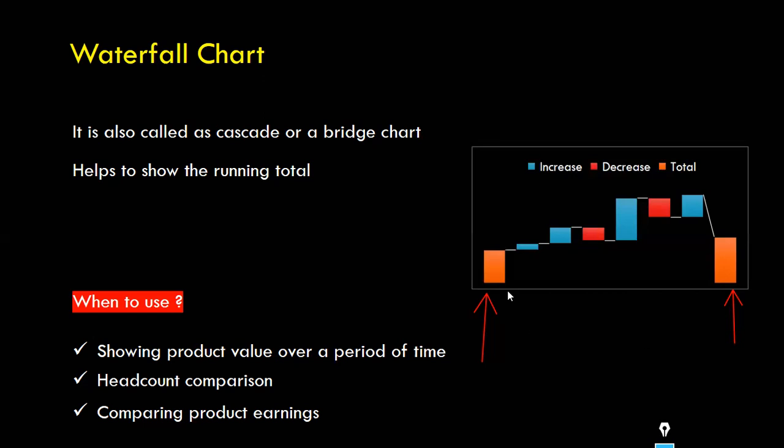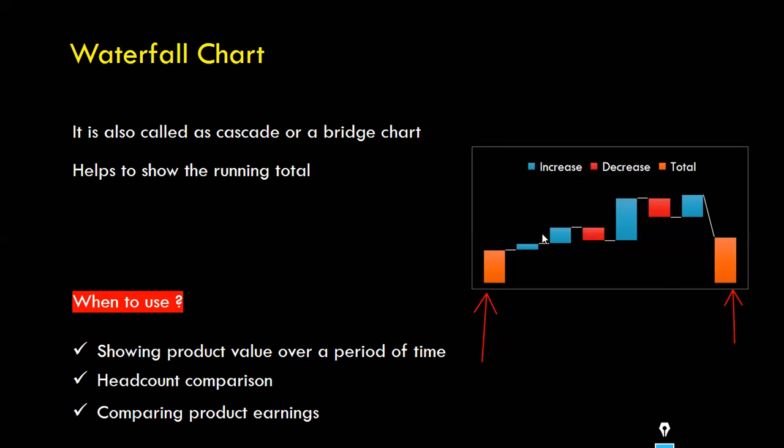So with this waterfall chart, you can understand how the initial values, in this case the initial headcount, got affected due to increase or decrease of the employee headcount till the end. So starting from 2019, it's kind of history.